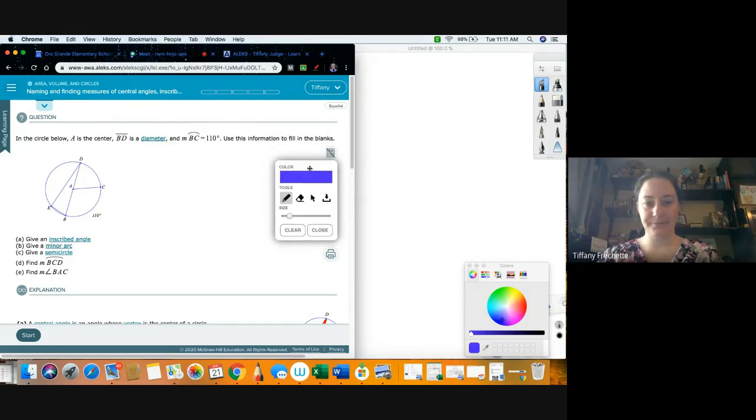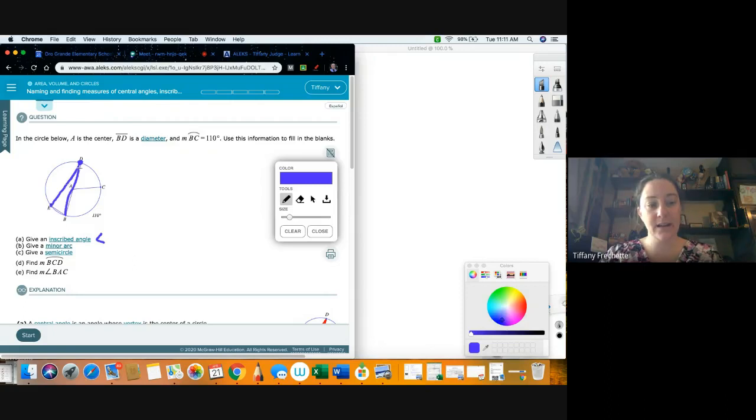Okay, so to give an inscribed angle, we need to find an angle that's starting on the circle like this, and it's going all the way to a side. So it's got its vertex touching a side of the circle. So this one, I go angle, and I follow the points.